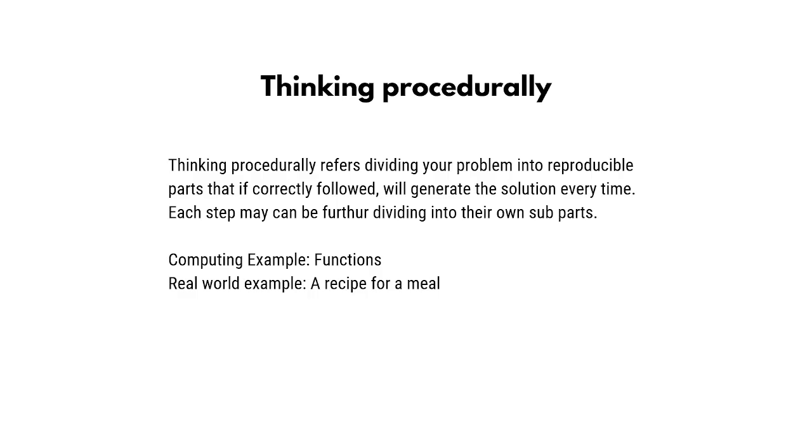So the real-world computing example of this is functions, and in a real-world example, something like a recipe for a meal. Think about it like if I'm making pasta, for example, I have to divide it into different parts. What do I put in first? Should I make the noodles first? Do I buy it from the grocery store? So these steps have to be followed in order to reproduce the parts that can be followed every single time.